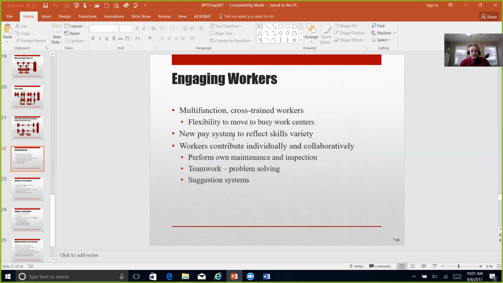But equally important when you think about engaging workers, if you were to study the term engagement in today's workplace, you'll find out that it's costing businesses millions and billions of dollars of lost efficiency and lost productivity. In those studies, and this is an approximation of values, about a third of the workers are fully engaged, which means they understand how they go about creating value for their organization each and every day.